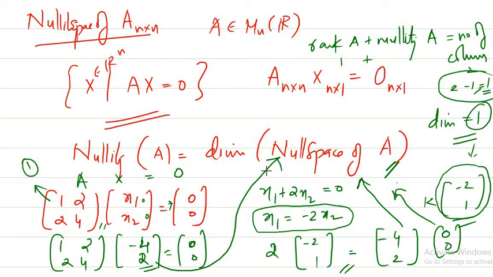So now I'll define the nullity of a matrix. It has to do with the eigenspace of the 0 eigenvalue.